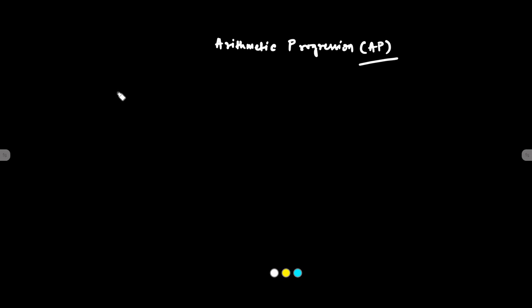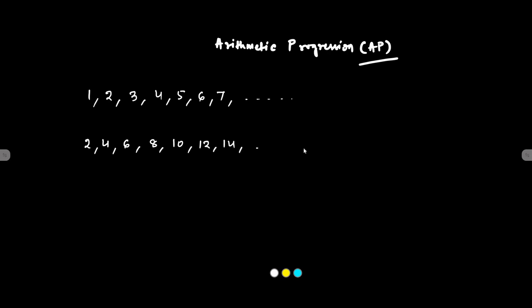the following numbers, okay, in this sequence 1, 2, 3, 4, 5, 6, 7 and so on like this. Then we have another sequence which is 2, 4, 6, 8, 10, 12, 14 and so on.